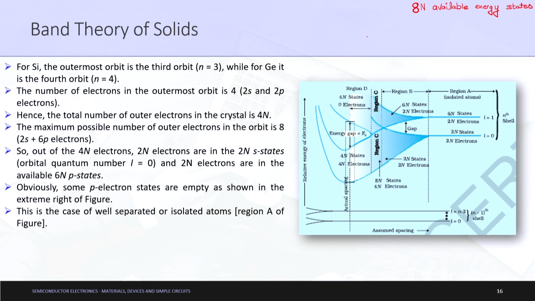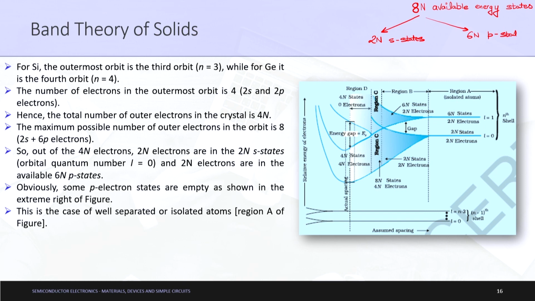For now they are dividing it into two types: there will be energy states due to s electrons and energy states due to p electrons. Therefore, there will be 2n s states, and there will be 6n p states.